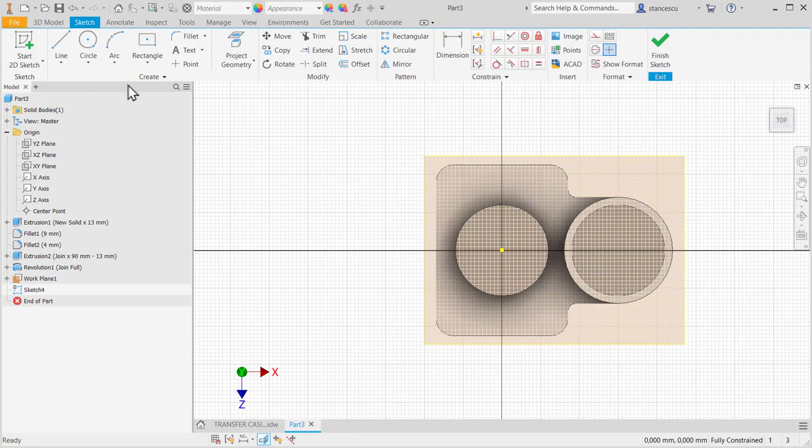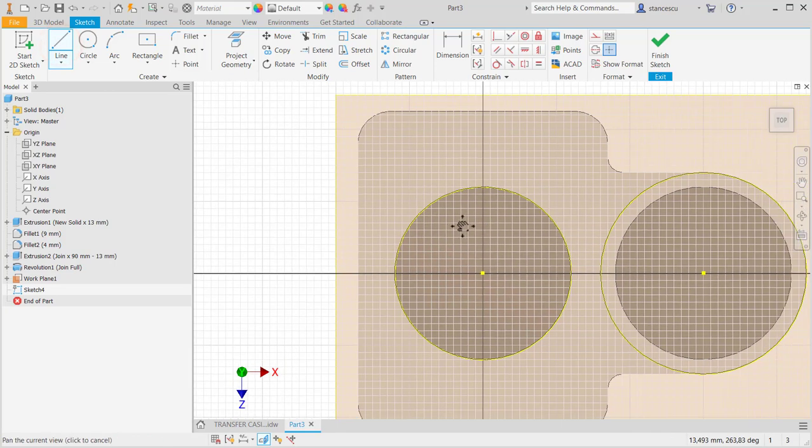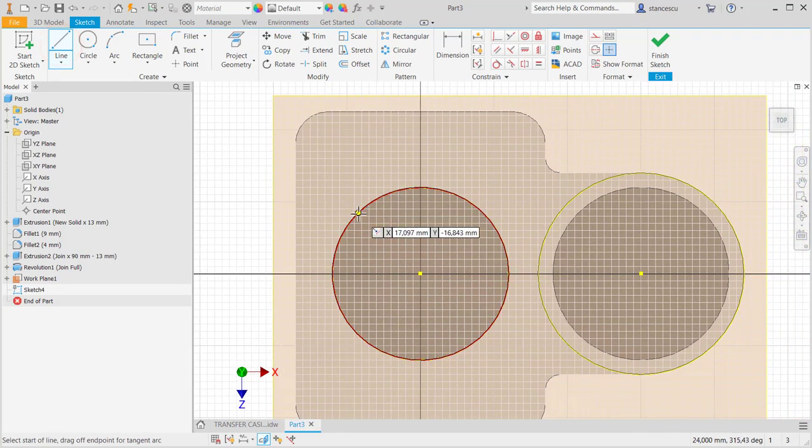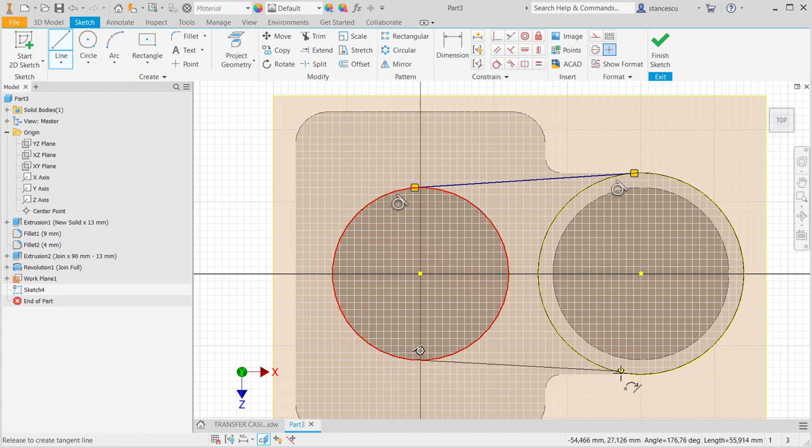F7, project two circles to draw tangents. How to draw tangents? Press left button of the mouse and find the tangent. Press, keep pressed, and find the tangent point.